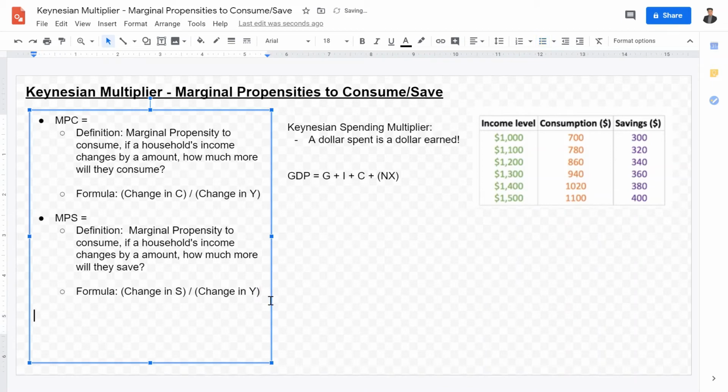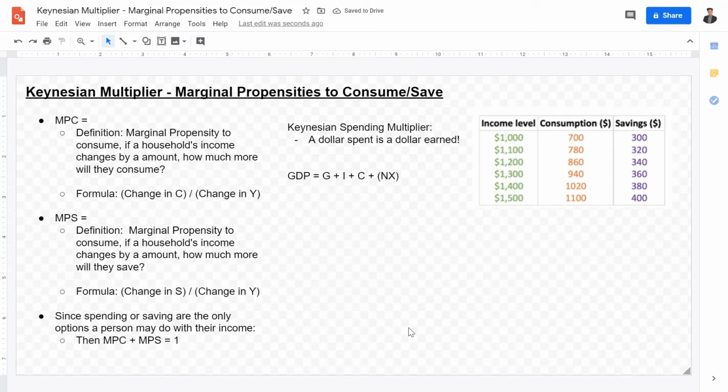That gives us a really interesting idea. Since spending or saving are the only options a person has with their income, and investments and otherwise are not counted, then MPC plus MPS equals 1.